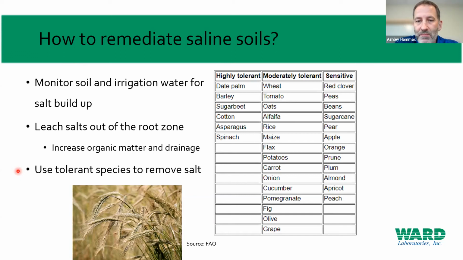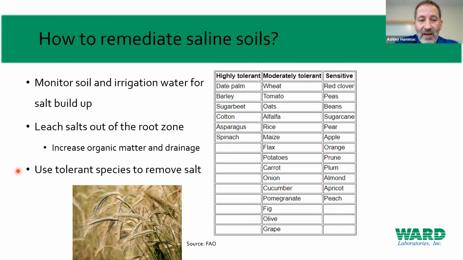Most of the crops that people are growing, row crops, are going to fall in that moderately tolerant or sensitive range. Unfortunately, soybeans are somewhat sensitive. Corn and wheat are moderately tolerant, but that 4 millimoles range is where you want to kind of avoid building up to.